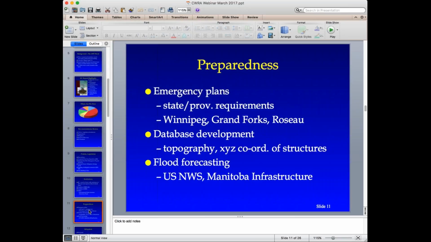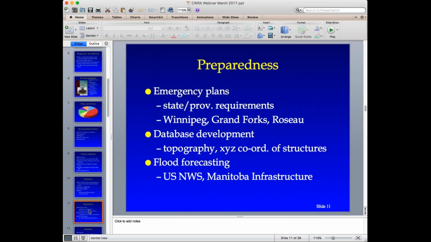I'm not exaggerating too much, but some of the emergency plans 20 years ago were really skeletal and really didn't have much meat on the bones, and now that's changed quite a bit.